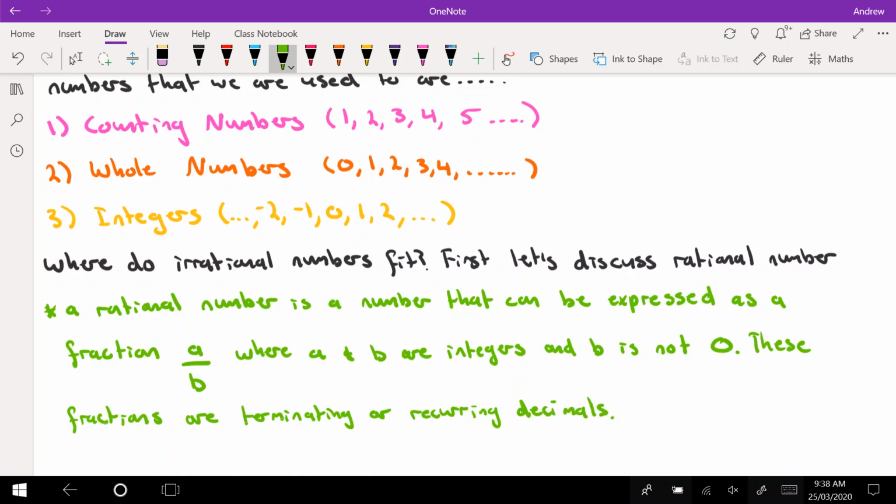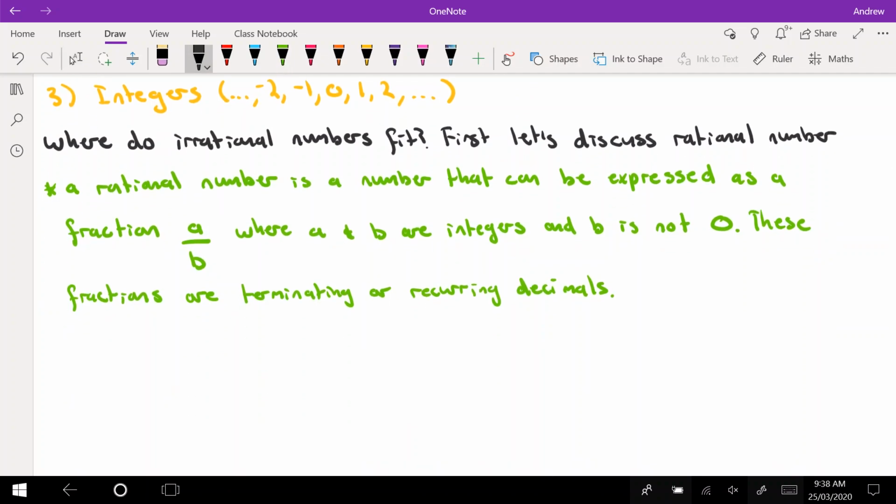We have our sets of rational numbers, and they are numbers that can be expressed as a fraction, as A over B. But we want to figure out what some examples of rational numbers are. Well, 3, -3, that's a rational number, because we can write it as a fraction, -3 over 1. 2 over 5.